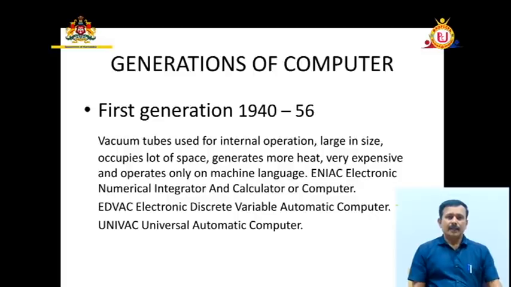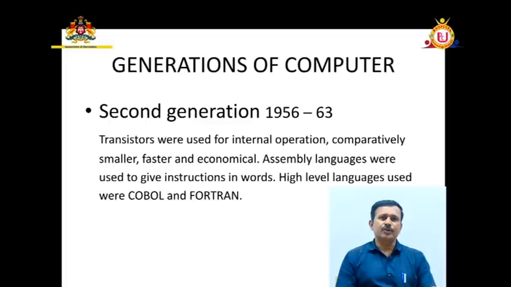Next, in the second generation, transistors are used for internal operations. Transistor technology replaced the vacuum tubes used in the first generation. Comparatively, transistor technology is a bit faster, acquires less space, and won't generate much heat while processing.